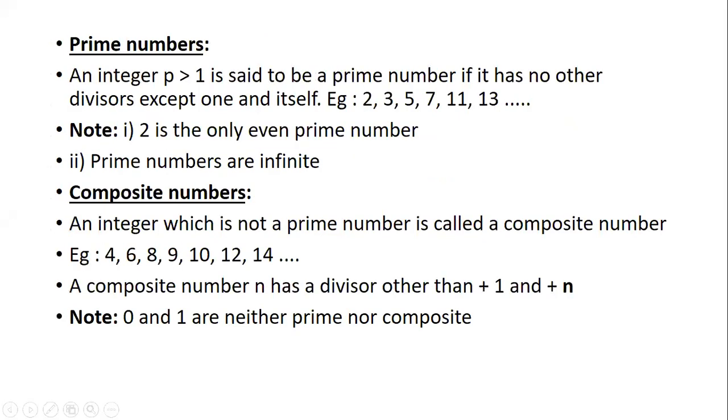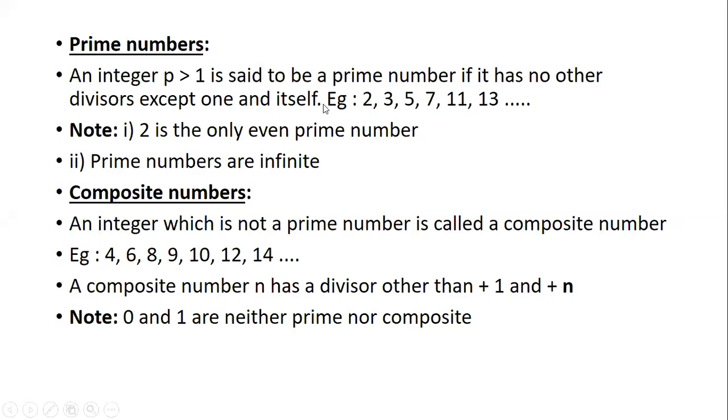Now coming to prime numbers. We already know what an integer is: a collection of positive as well as negative numbers along with 0. Now what are prime numbers? An integer p greater than 1 is said to be a prime number if it has no divisors except 1 and itself.